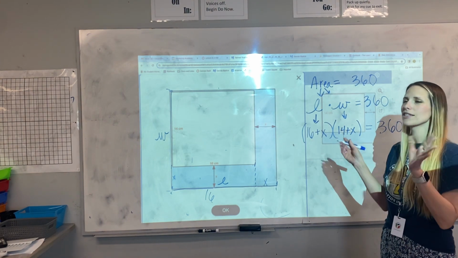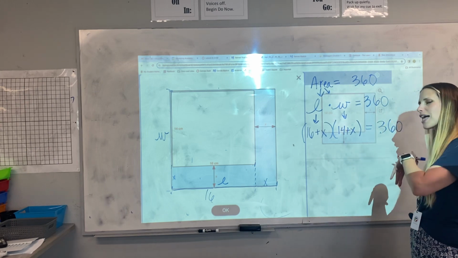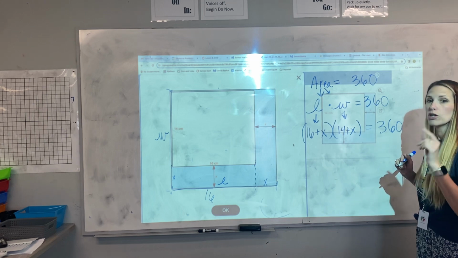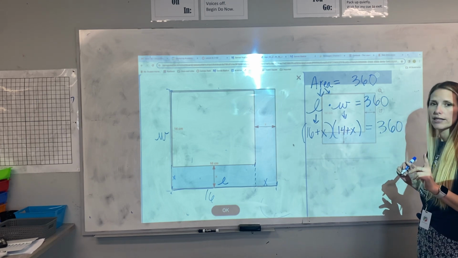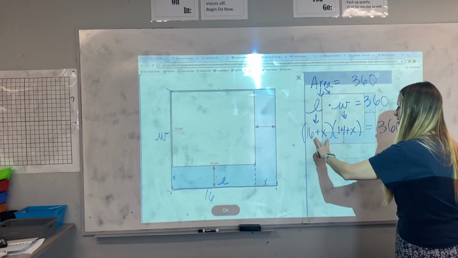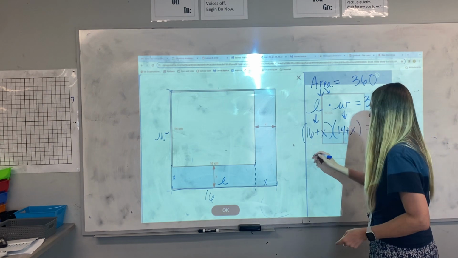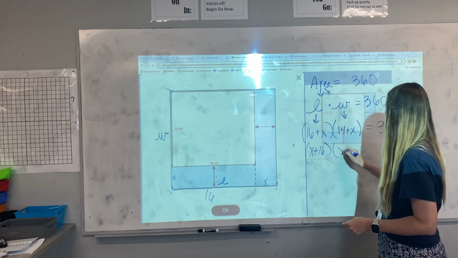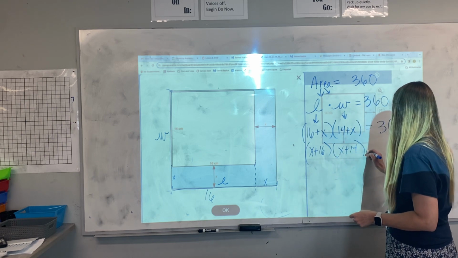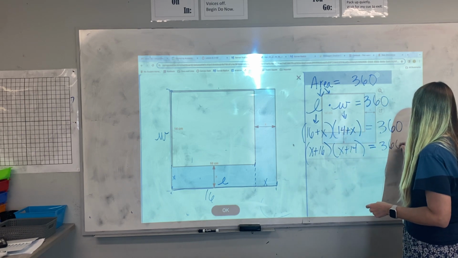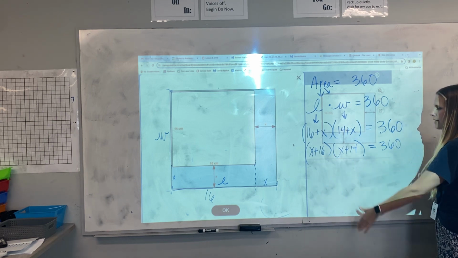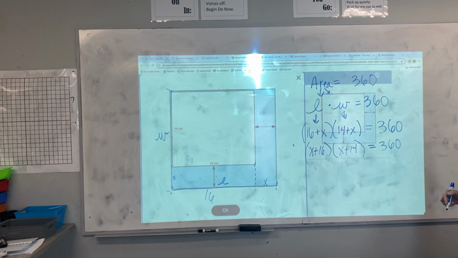No, not the zero product property. We'll use that in a little bit. But first we're going to use the commutative property of addition. We're going to flip these: x plus 16 times x plus 14. It's going to make it nice and neat when we actually FOIL this and get our quadratic equation.